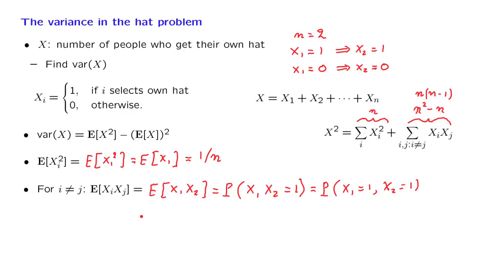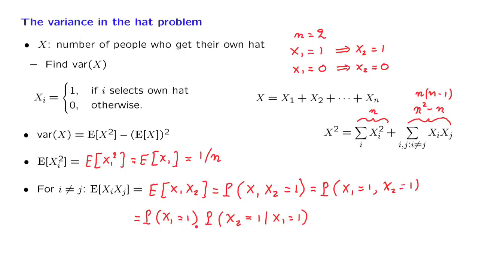Let us now turn to the sequential description of the model. The probability that the first person gets their own hat back and the second person gets their own hat back is the probability that the first one gets their own hat back, multiplied by the conditional probability that the second person gets their own hat back, given that the first person got their own hat back. What are these probabilities?